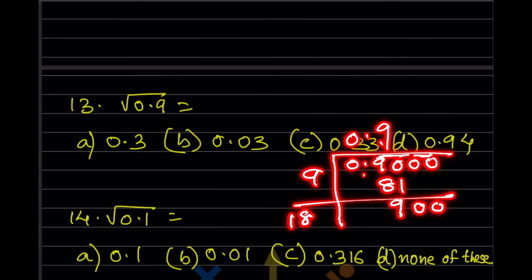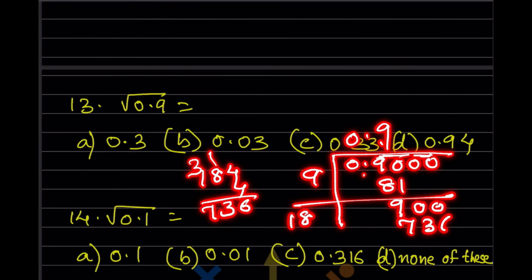So 180, if we take 184 into 4, this is going to be 736. So this is going to be 736 because if you take 185, then that is going to be a big number. So when you subtract this one, so what do we get here?